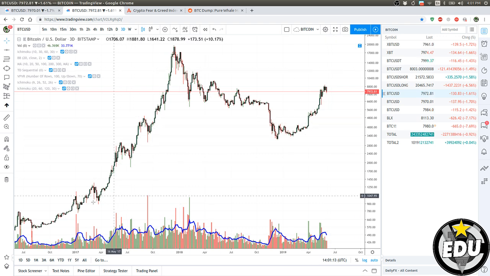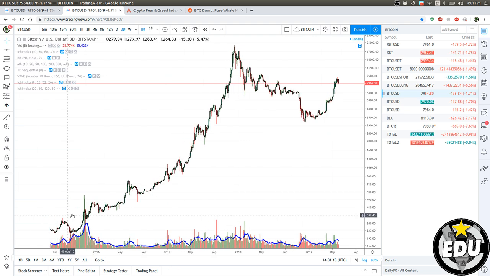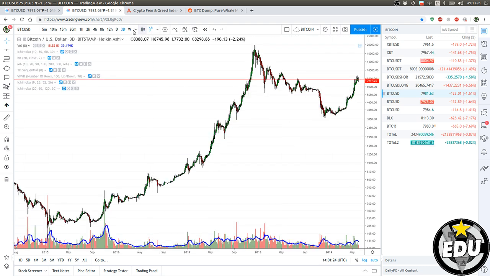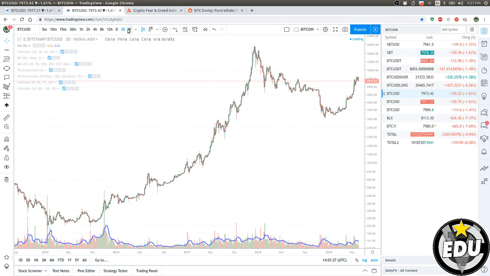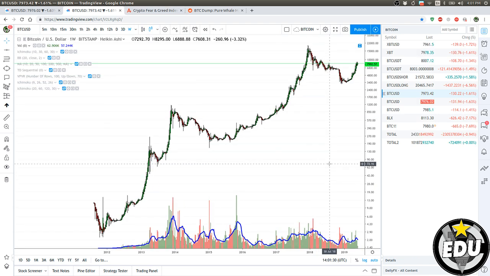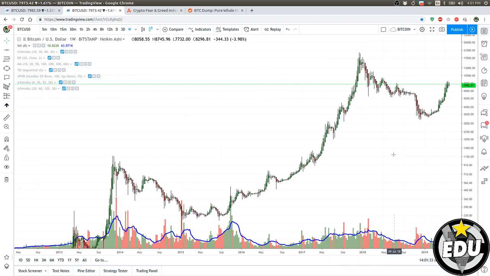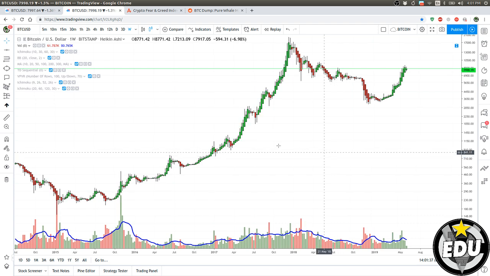But anyways, you guys can see how many corrections it did during the bullish run. Actually, you can see better if I put Heikin Ashi candles on the weekly. You can see how many corrections it did during the previous run, right? So that's the correction I'm waiting to enter long term.